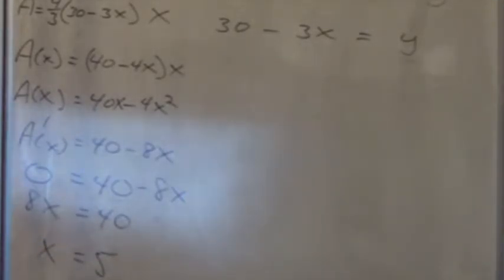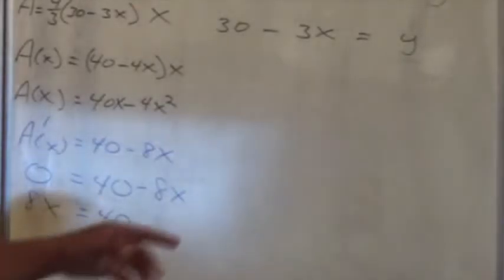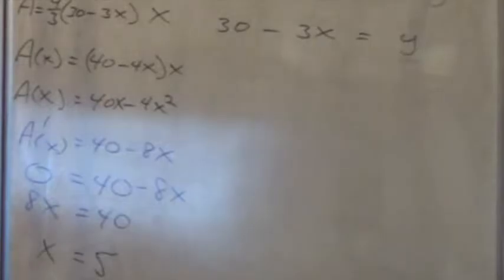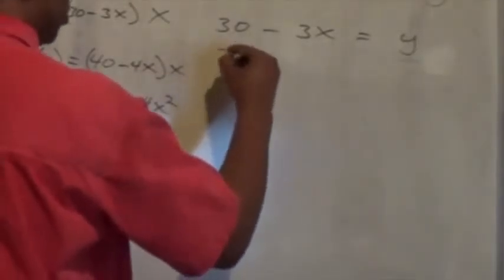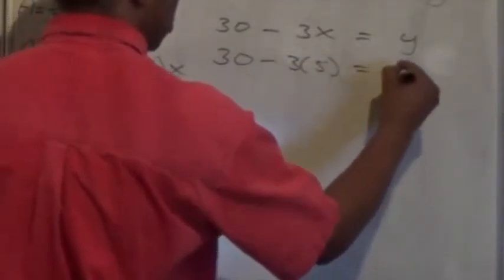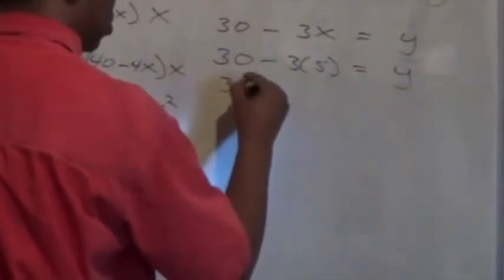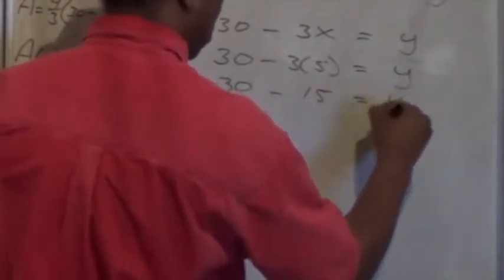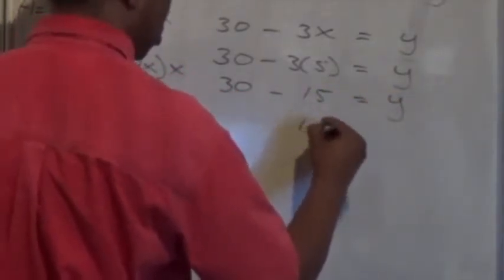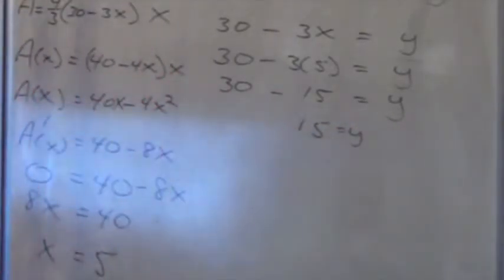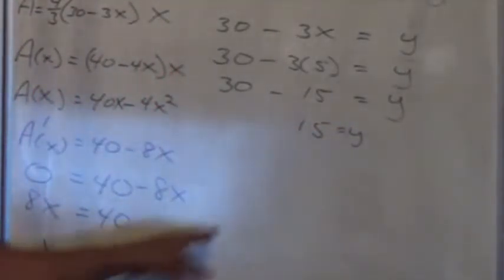I have that x is 5. Now I'm going to substitute 5 in for x here and solve for y. So this gives me x is 5 and y is 15.